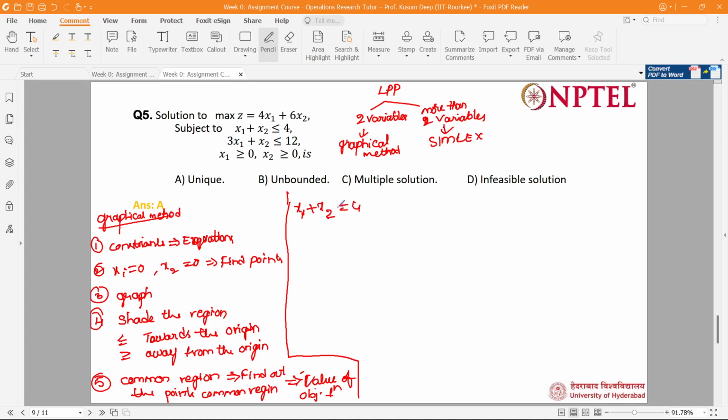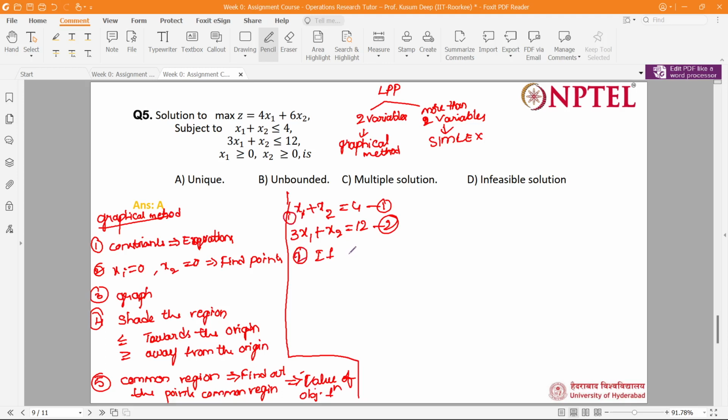It is not converting the constraints into equations, it is just changing the constraints into equations. So I have written equation 1 and 2. And next, take the values x1 equal to 0 and x2 equal to 0, then solve for the points.